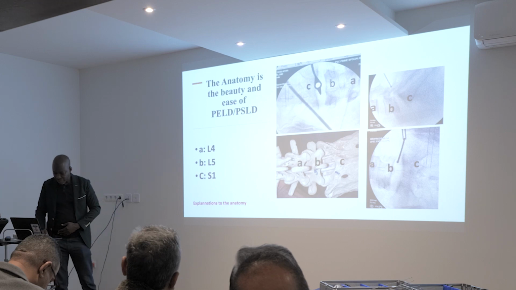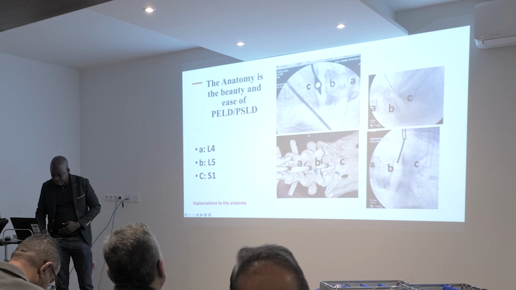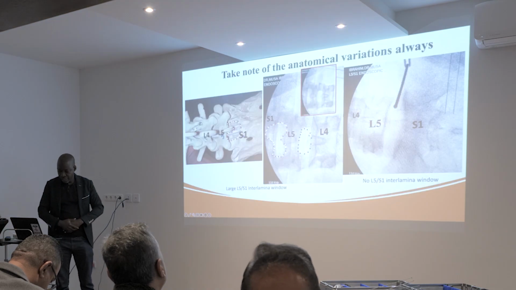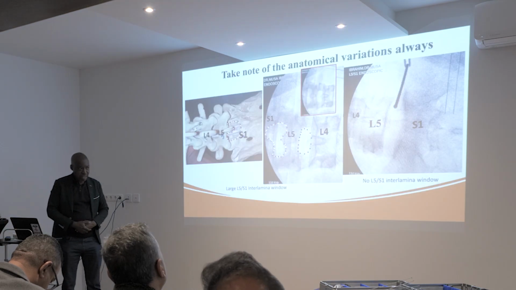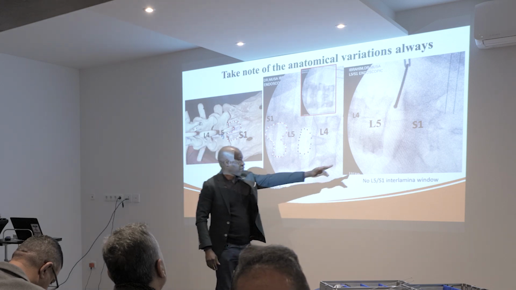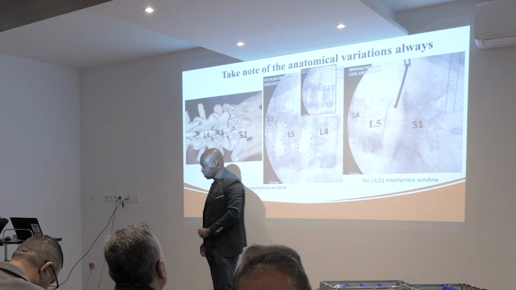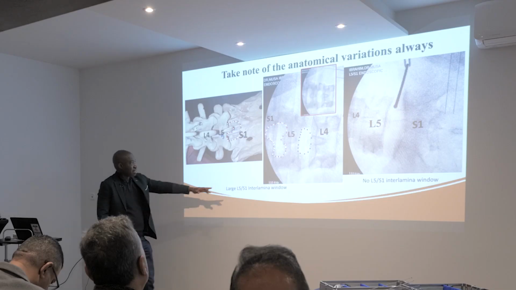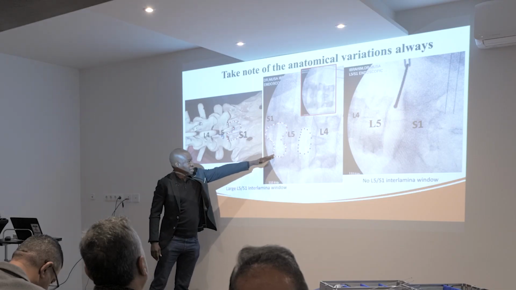And you have to know that the anatomy can vary, as you can see here. I had a patient where I didn't have the interlaminar window at all, and I was trying to go interlaminar. And in this patient, we can see the anatomy varies.